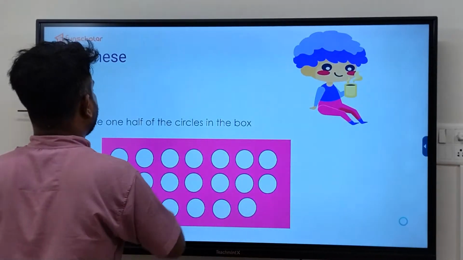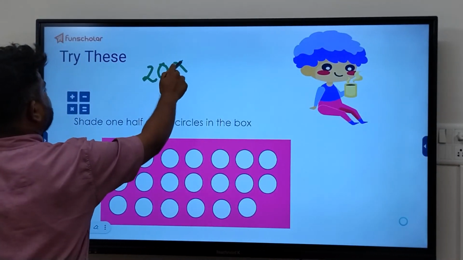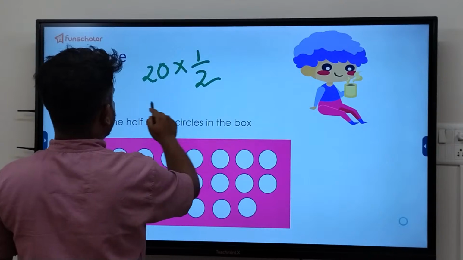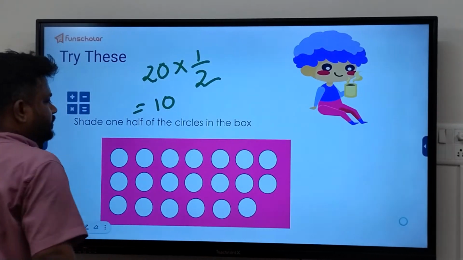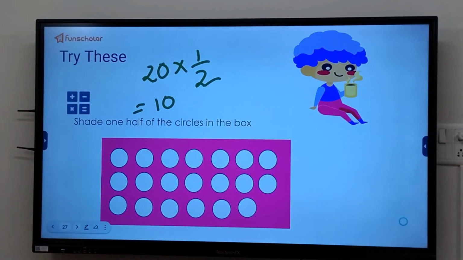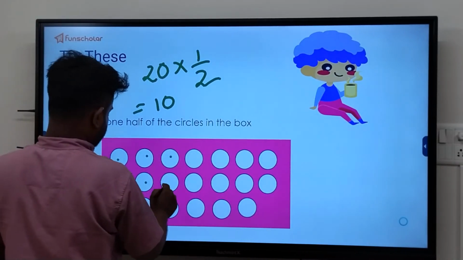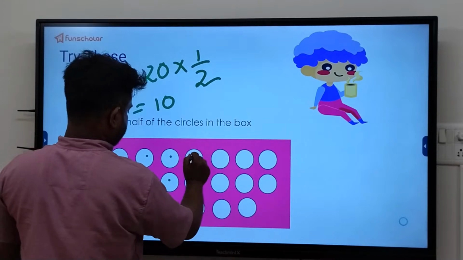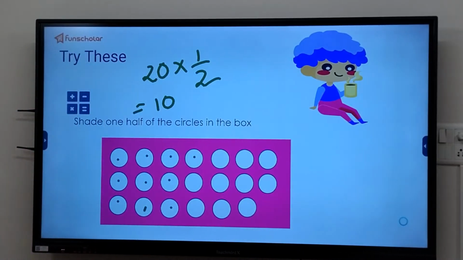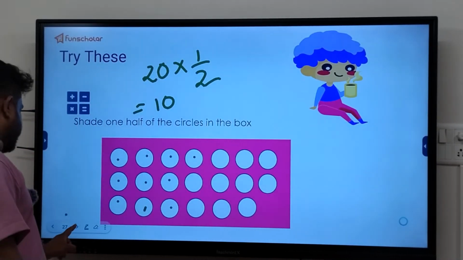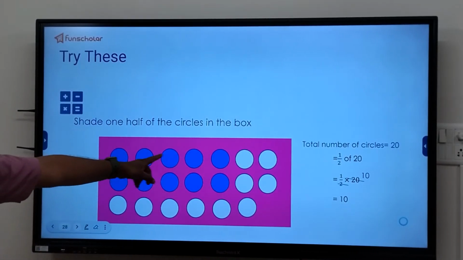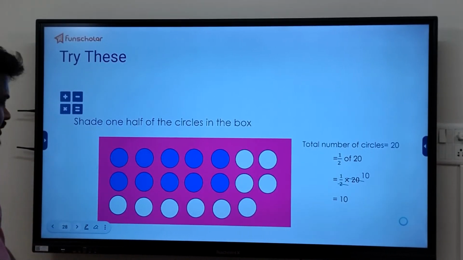Yes, 1/2 of 20 will be 10. Okay, 10 will be the answer. So we can simply shade it like this. Yes, they have drawn 10 circles.